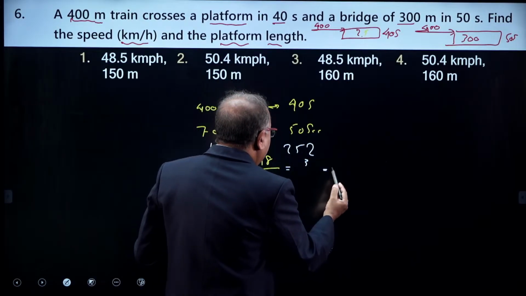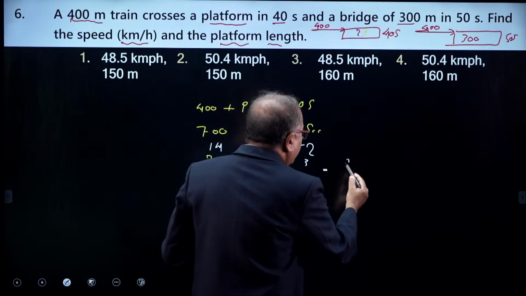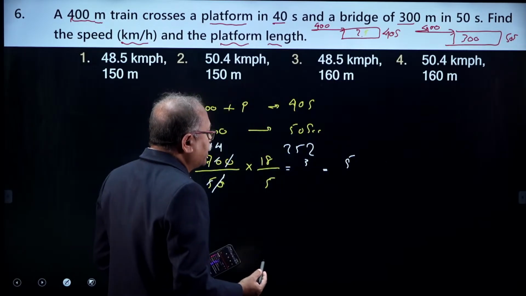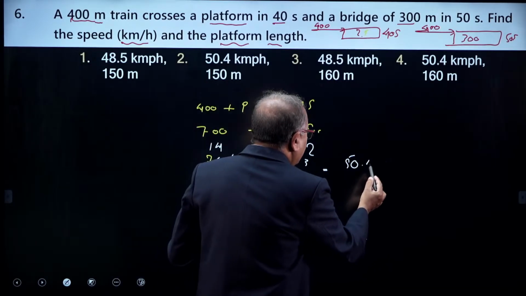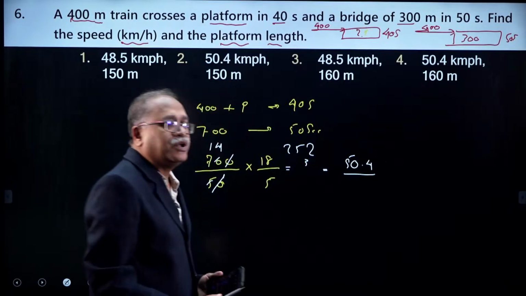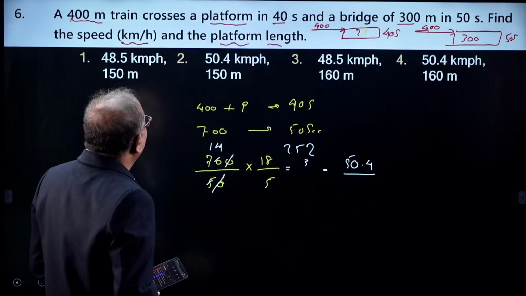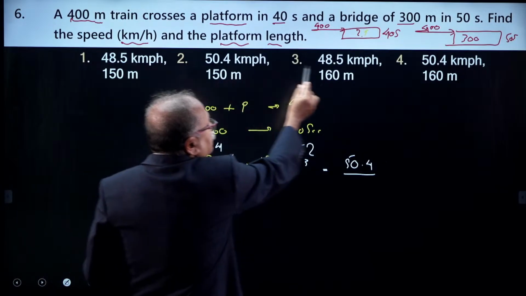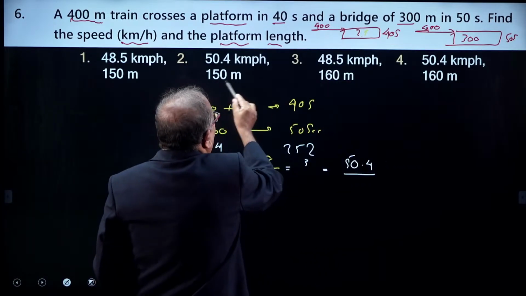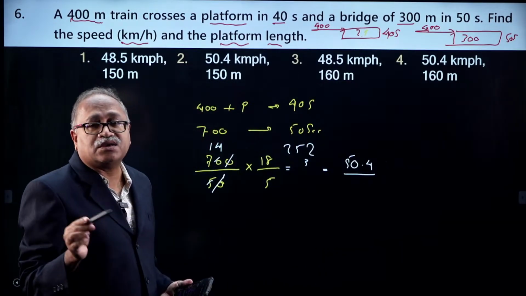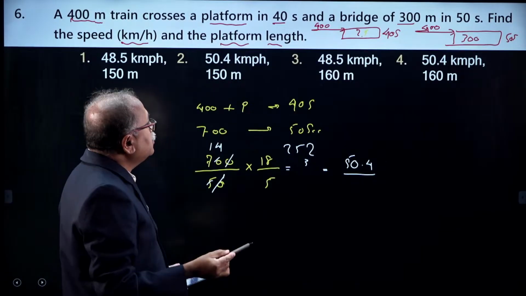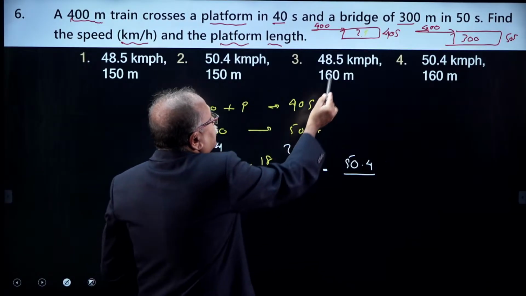When I divide this by 5, 25 by 5 is 5, so 50.4. So this is the speed, 50.4 kilometer per hour. Now, I can't select the answer only by speed. So I need to find out the length of the platform.